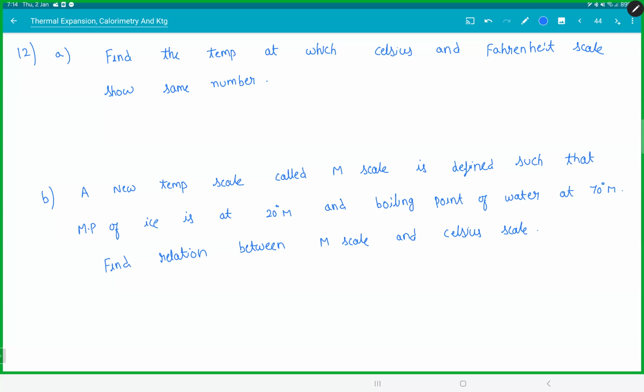Means I want you to find me an answer like this. The Celsius scale was what? 5 by 9 F minus 32, like that. You have to tell me M is equal to what in terms of Celsius. Others, give it a try. I'll give you 1 more minute.